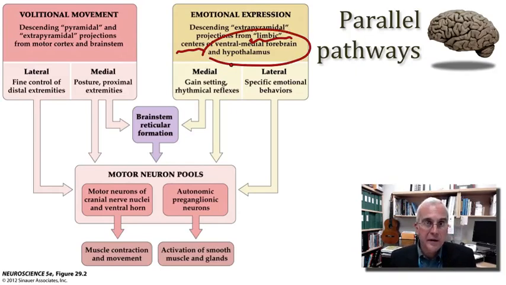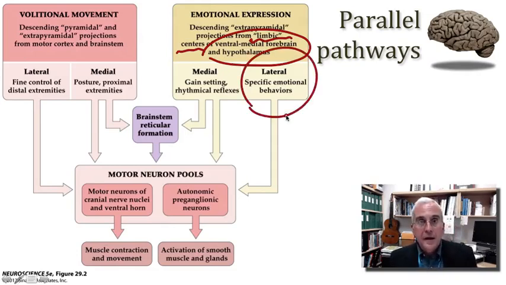that provide descending projections. Now, I'm going to stretch the medial and lateral concept just a bit, but I think it's possible to apply the same concept of lateral and medial descending pathways that we see very clearly in the control of voluntary movement to the organization of emotional expression. What we see in our lateral pathways are pathways that allow for the expression of specific emotional behaviors.